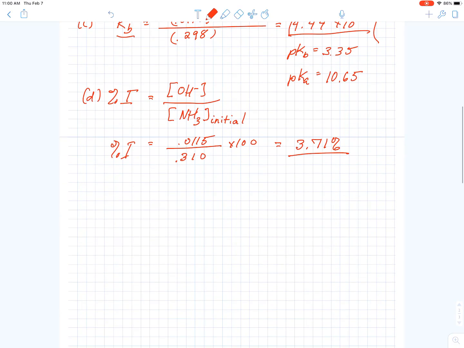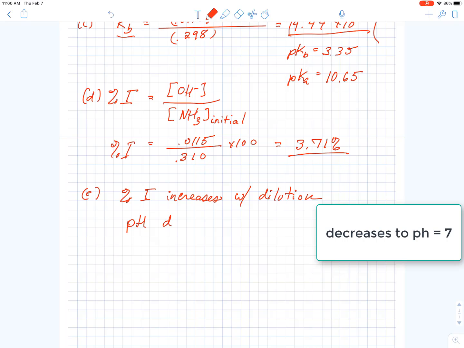But because it's diluted, even though more of it ionizes, it's diluted so much more that you really don't get a greater pH. The pH is going to decrease, but of course it's going to end up decreasing to 7. You can't get any more diluted than 7 in water. So there you go. Answered part E.